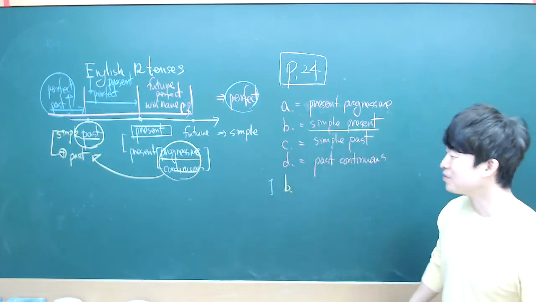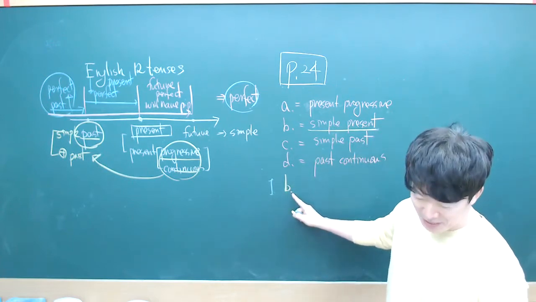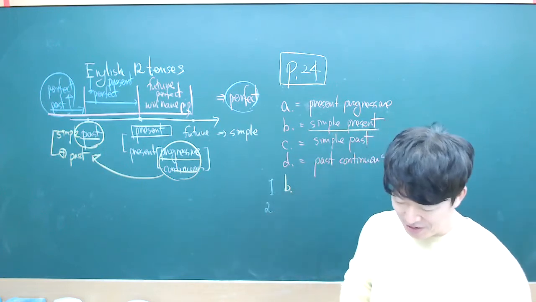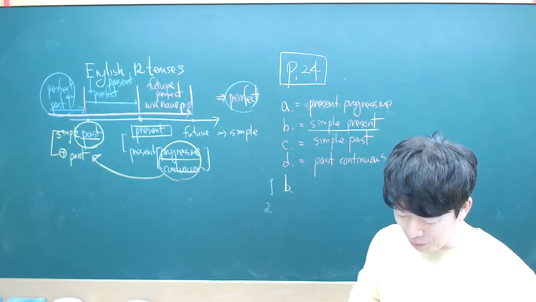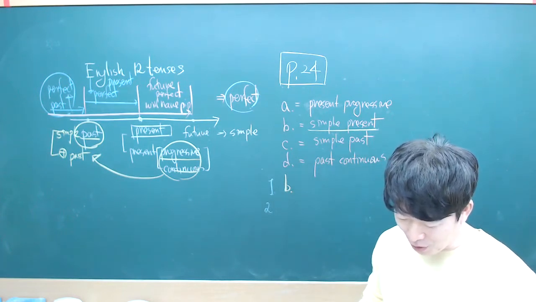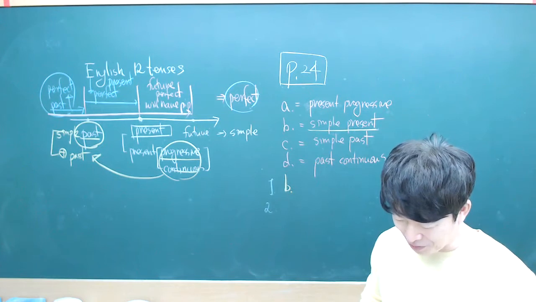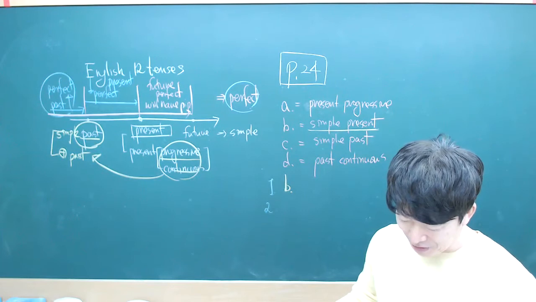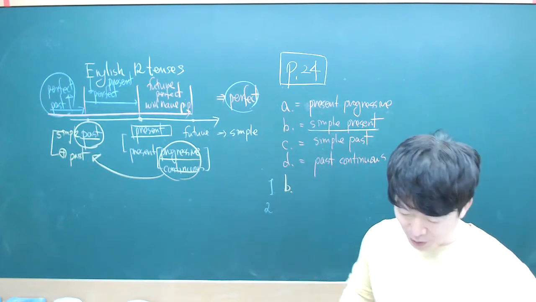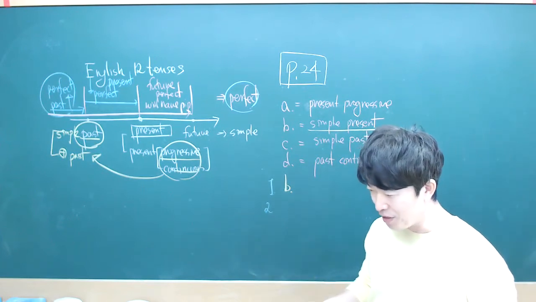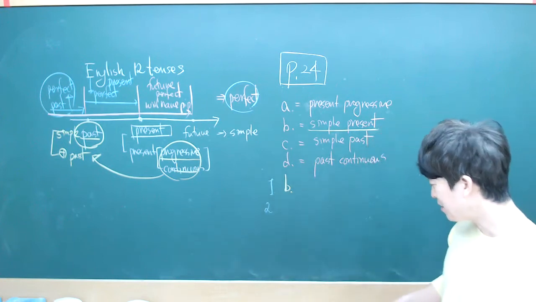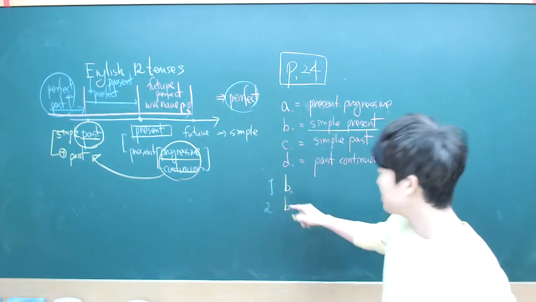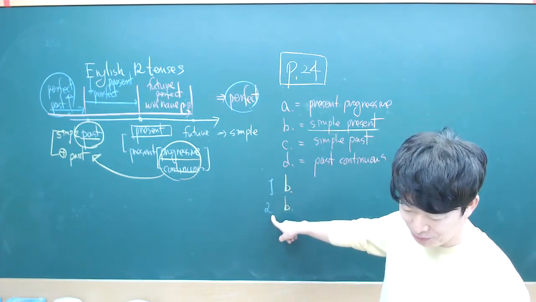Okay, so the correct answer for question 1 is B. It's easy. Question 2, when people need help with their automobile insurance, they call her. Oh, it's usual, right? It is usual behavior. So another B is the correct answer for question 2.